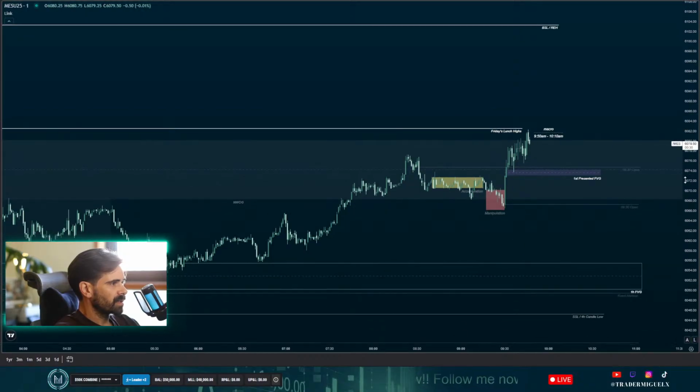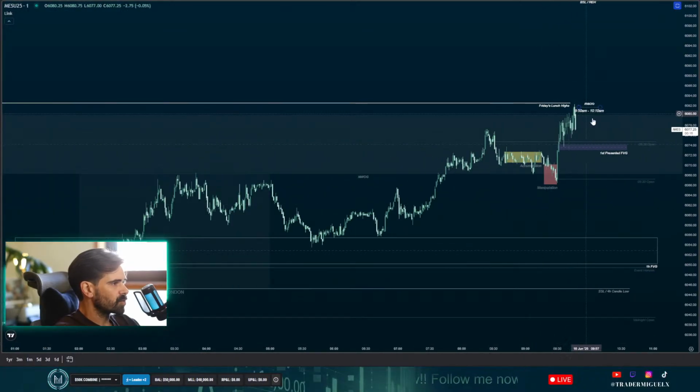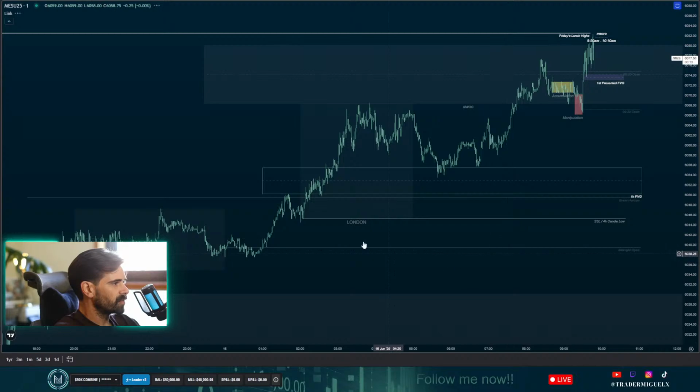We are expecting buy side liquidity at the relative equal highs. But I'm keeping in my mind to be prepared to see some lower displacement and eventually a reversal, trying to go for London lows, eventually Asia lows as well.